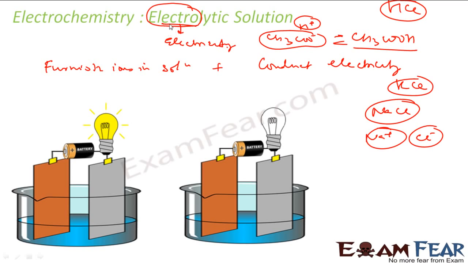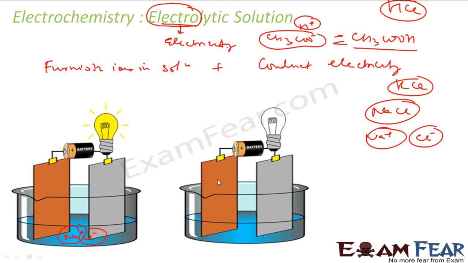So those are called electrolytic solutions. For example, this is my NaCl in water. If you connect this circuit to a battery, you see that the bulb will glow. Why? Because NaCl gives Na+ and Cl- ions, and these ions will conduct electricity.